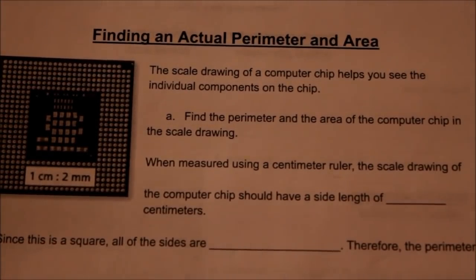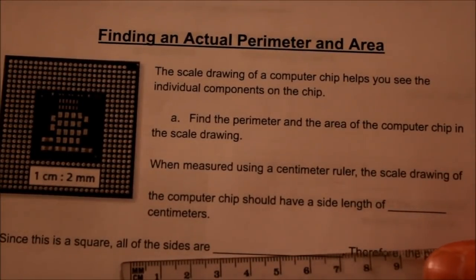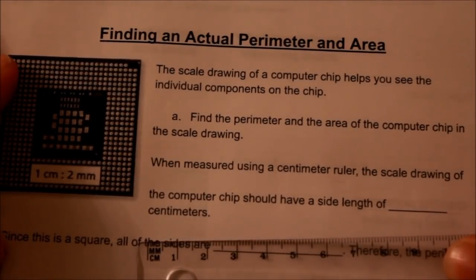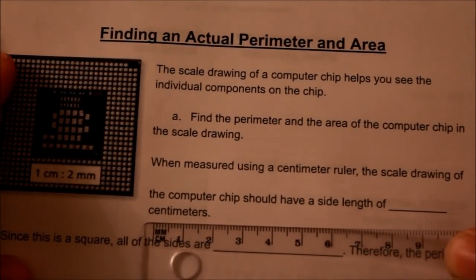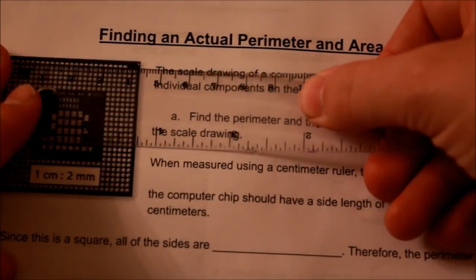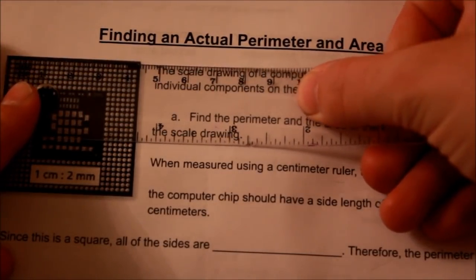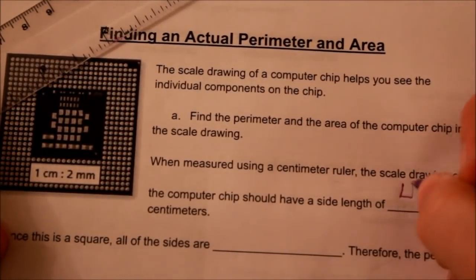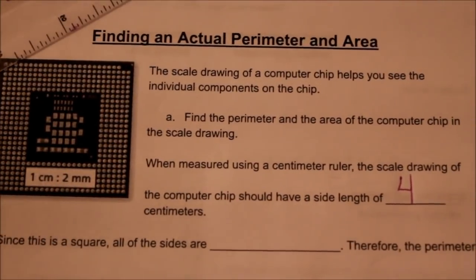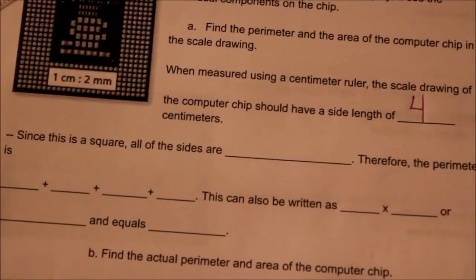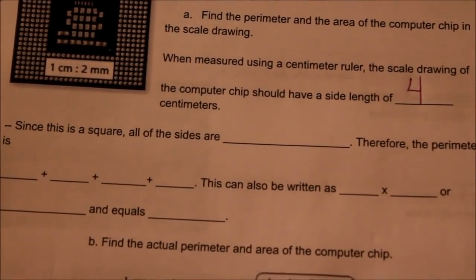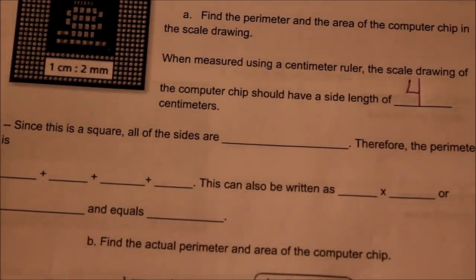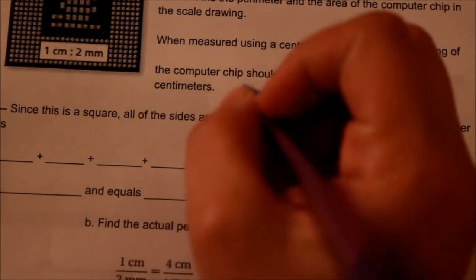When measured using our centimeter ruler, the computer chip should give us a side length of 4 centimeters. Since this is a square, up here our computer chip is a square, all the sides are congruent.